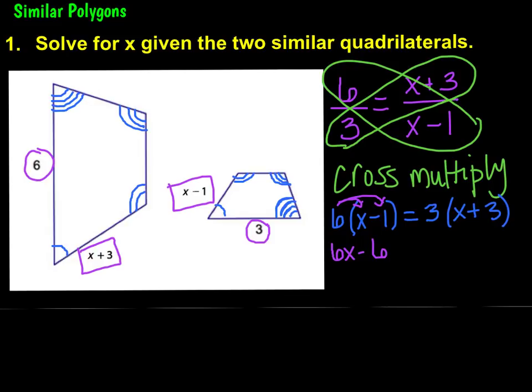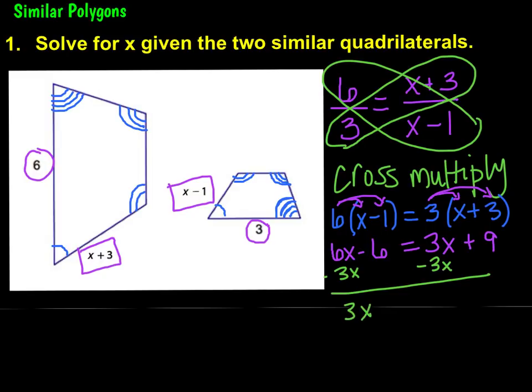So 6 times x and 6 times negative 1 would give us 6x minus 6 equals, and we need to distribute that 3 into both numbers, so it would be 3x plus 9. Okay, now we need to get our variables to one side. So subtract 3x from both sides. And we end up with 3x minus 6 equals 9. So these will cancel.